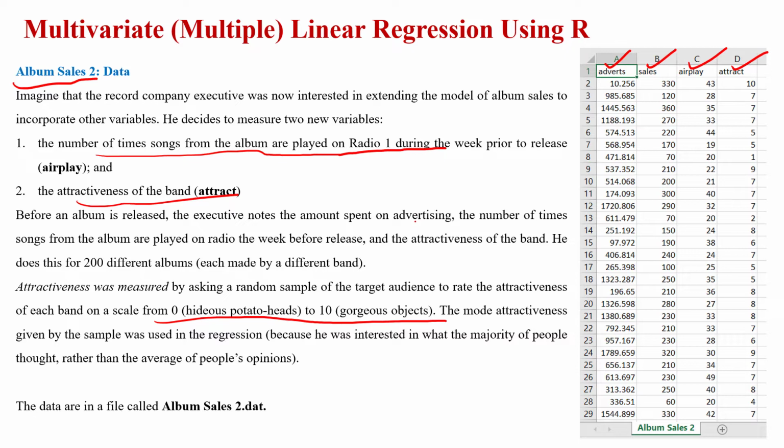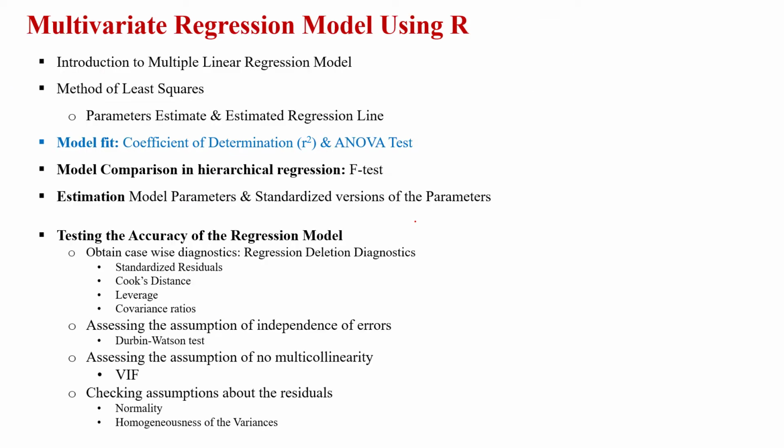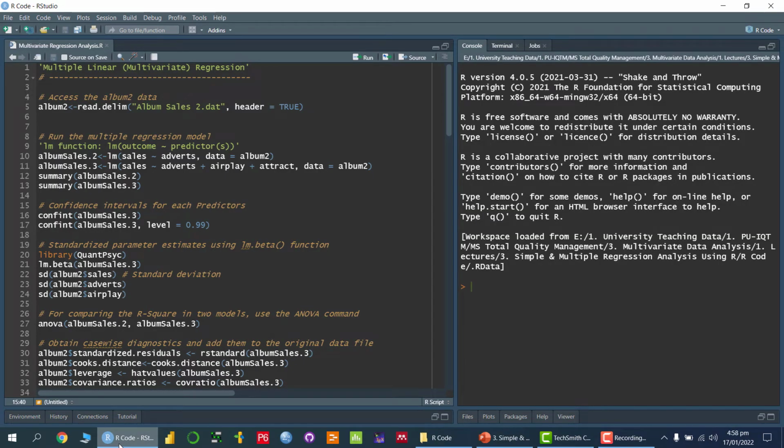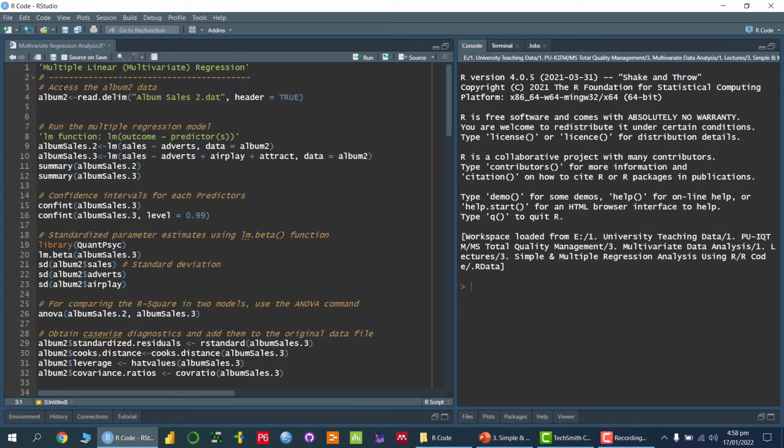Now let's fit the regression model using R. How can we do that? Let me open the R code. Here we have the code to access the data set. I'm using read.delim; basically we have the data in DAT format, you can say text format.